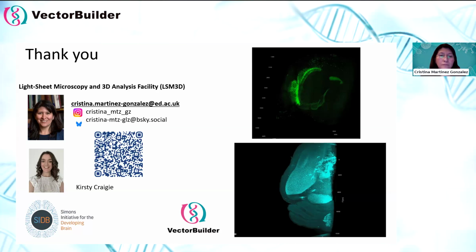So we actually got another question whilst you were answering that last one. For labs without access to light sheet microscopy, which tissue clearing approaches still provide meaningful benefits when using confocal or other systems?